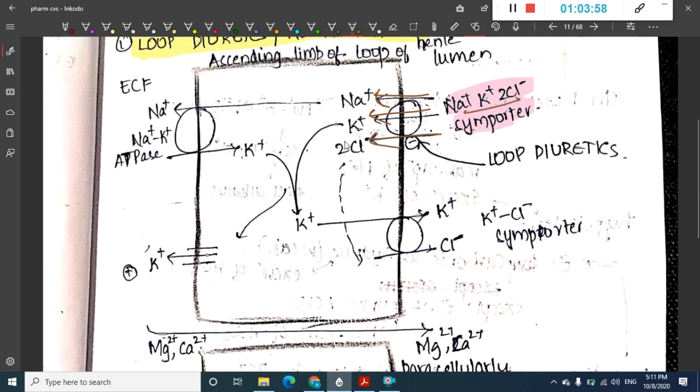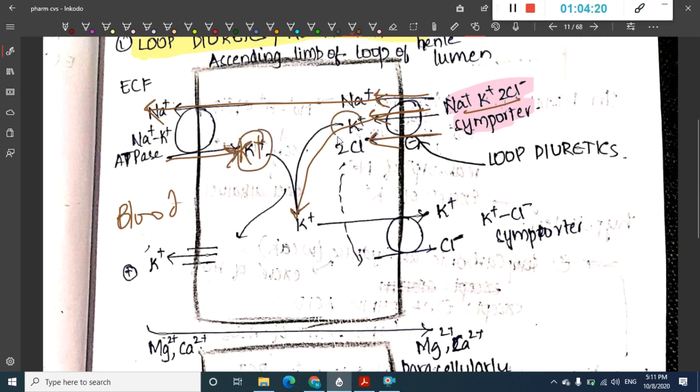Once these get absorbed, the sodium is absorbed through the basolateral membrane into the blood. For the absorption of sodium in the basolateral surface, we require sodium potassium ATPase, and as a result this potassium reaches the loop of Henle cell.